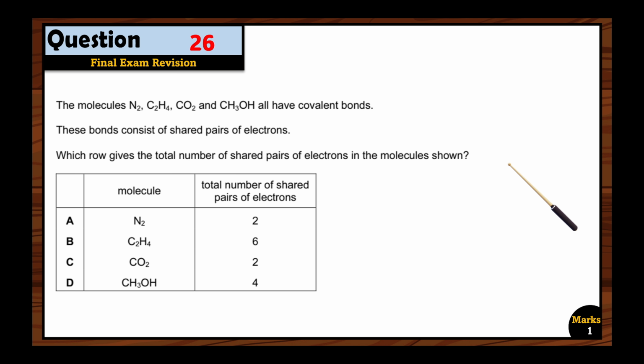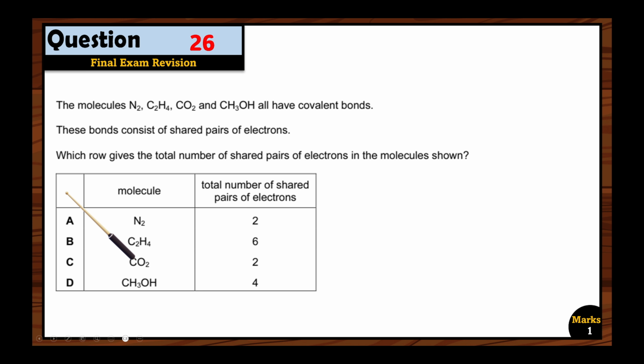Okay, let's see question number 26. The molecules N2, C2H4, carbon dioxide and CH3OH all have covalent bonds. These bonds consist of shared pairs of electrons. Which row gives the total number of shared pairs of electrons in the molecules shown here? Now, let's see how many pairs of electrons they are sharing.